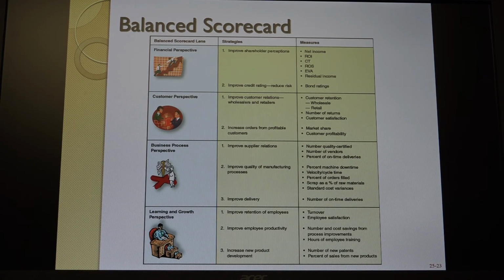So anyway, take a look at that. And then learning and growth perspective, they're talking about the employees of that particular company, looking at turnover, looking at employee satisfaction, things like that.